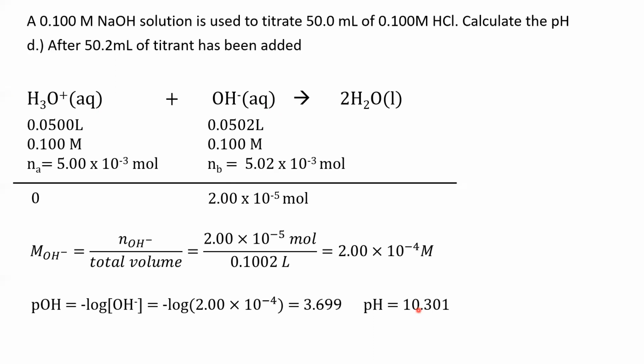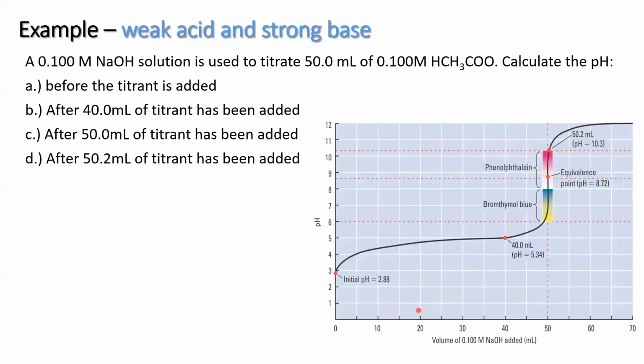We're going to change it around just a little bit. All right, so let's look at the other scenario that we had on our graph. Now we've got a weak acid and a strong base titration. So we've got 0.100 molar sodium hydroxide that we're adding to 50 milliliters of 0.100 molar acetic acid.